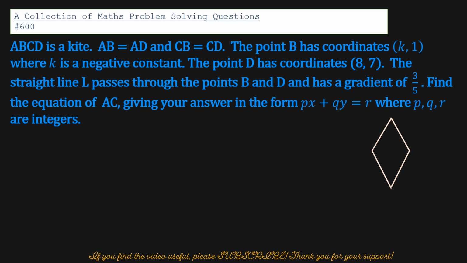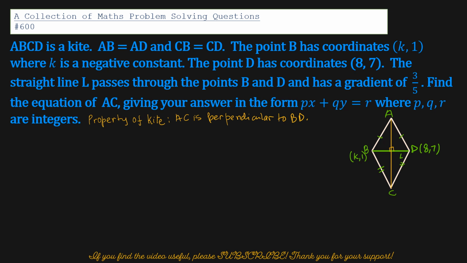So that's the kite, and A, B, C, D, I've named it as per the question, and we have AB equals AD and CB equals CD, and the coordinates B (k, 1) and D (8, 7), and the line L, that is the diagonal BD, and AC is also a diagonal, and the diagonals are at right angles to each other.